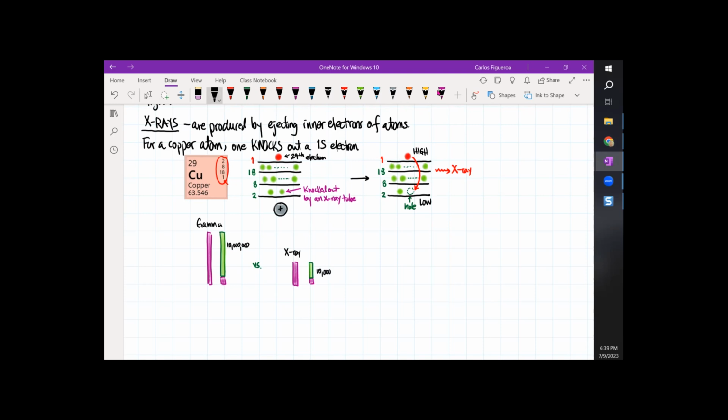Radically different. So this is the energy emitted by the gamma ray, and this is the energy emitted by the X-ray. What this is telling you is that the energy of the gamma is greater than the energy of the X-ray by a lot.